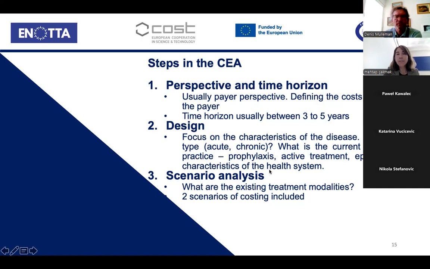So when we want to design, we describe the characteristics of the disease: what's the type, what's the situation in the society, what are the current and new treatments, what are the epidemiological characteristics, and also we should know about the health system.